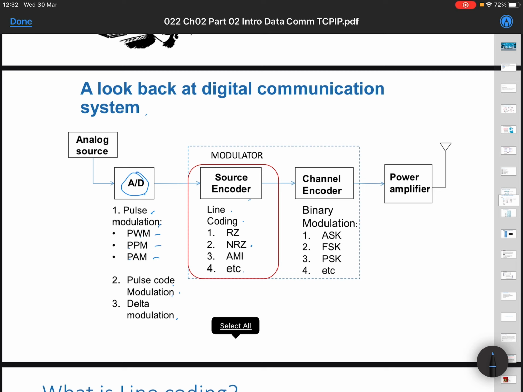ASK is amplitude shift keying, FSK is frequency shift keying, PSK is phase shift keying, and so on. And then you have a power amplifier.